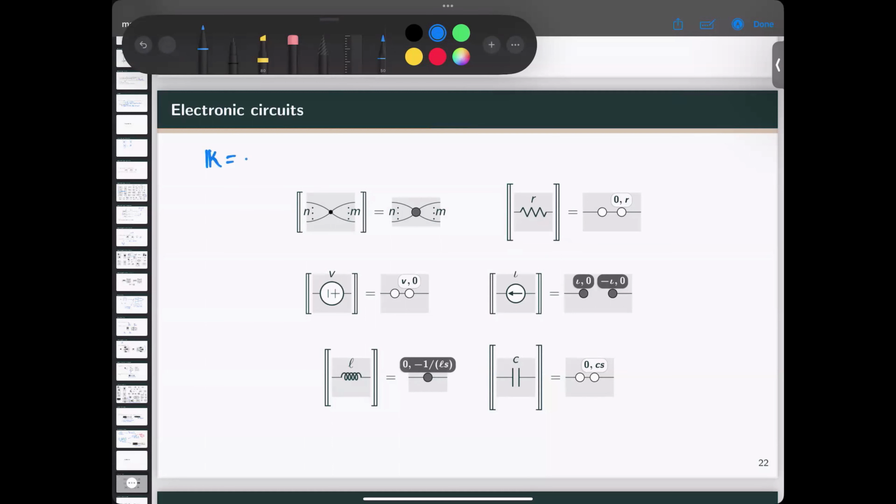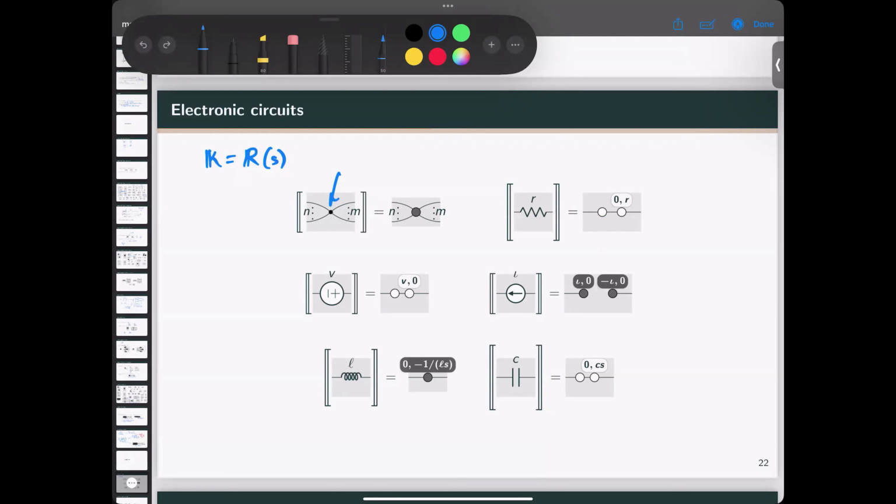Just to remind, it's the field of Laurent polynomials over an indeterminate S, where an arbitrary junction of n plus n wires is just a gray spider with n inputs and n wires. A resistor corresponds to a one-to-one white spider with this leftover from flex symmetrization that you have to keep track of.